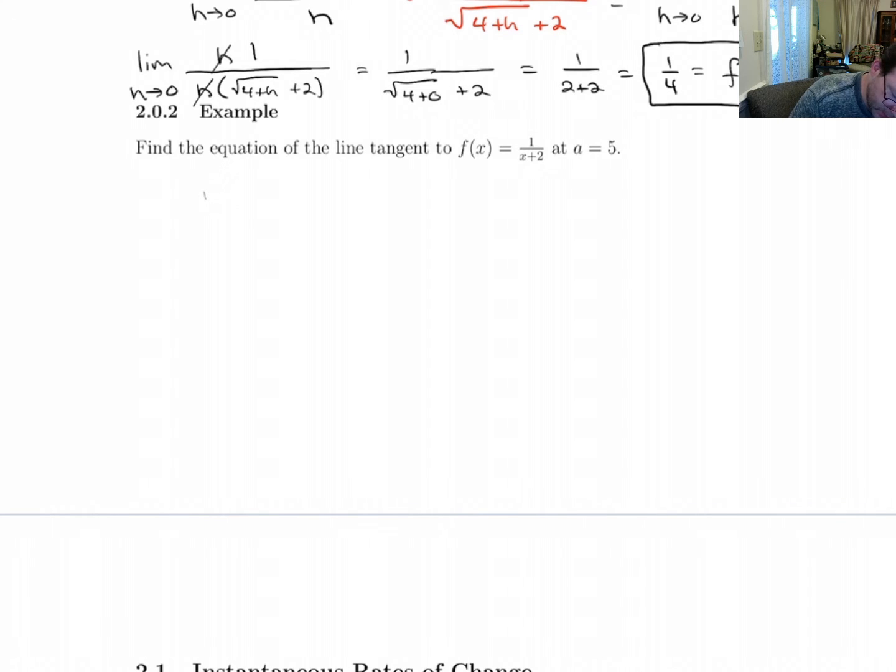F of a is f of 5, which is 1 over 5 plus 2, which is 1/7.